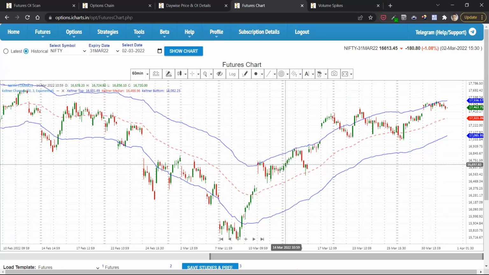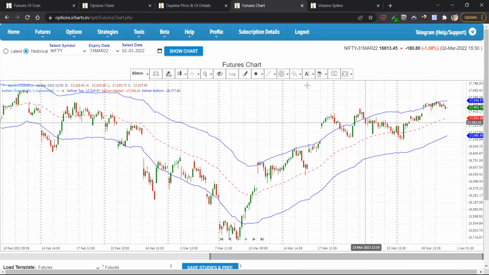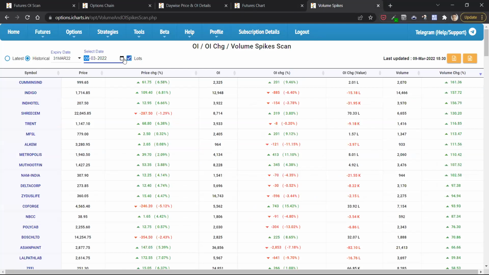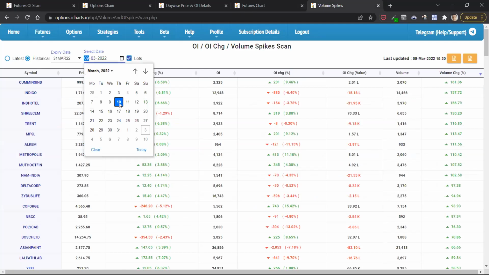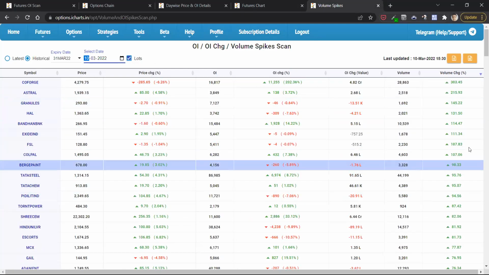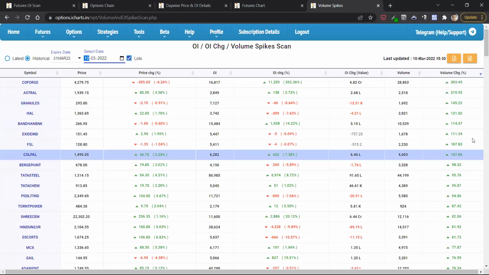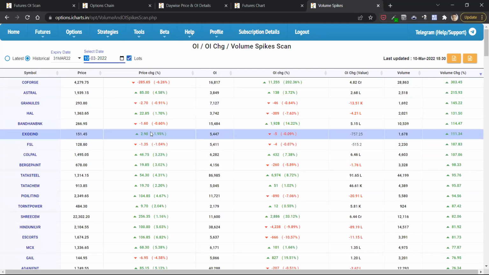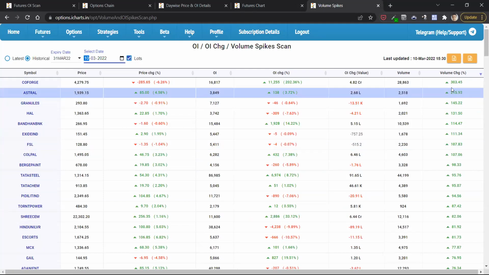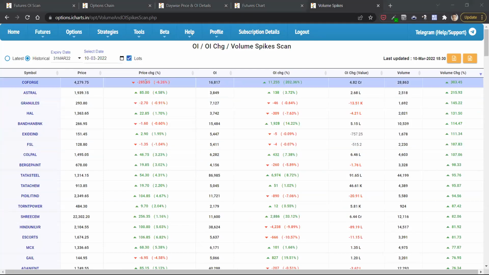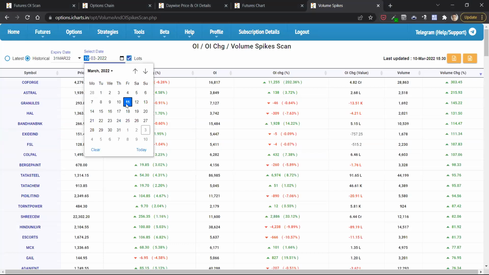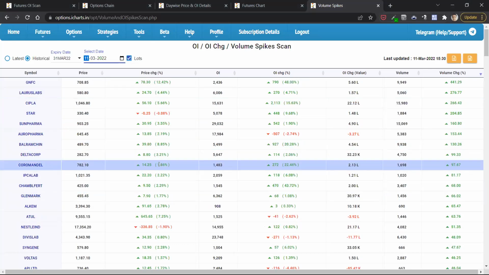Similarly, as the price is moving, you want to continuously see lots of 100% volume changes here. Otherwise, it's a problem. Here, lots of 100% changes are there, but many of these are negative. So this is what you want to keep an eye on all the time. Here, lots of bullish.